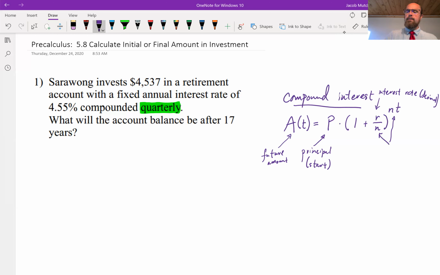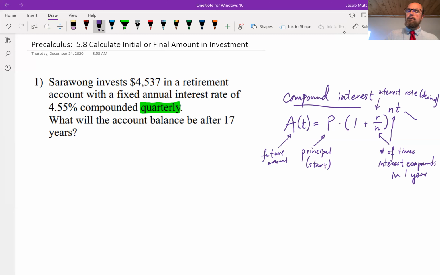And then the n value is the number of times interest is compounded in 1 year. And then, of course, t is our time. And you can guess the unit for the time is going to be years.